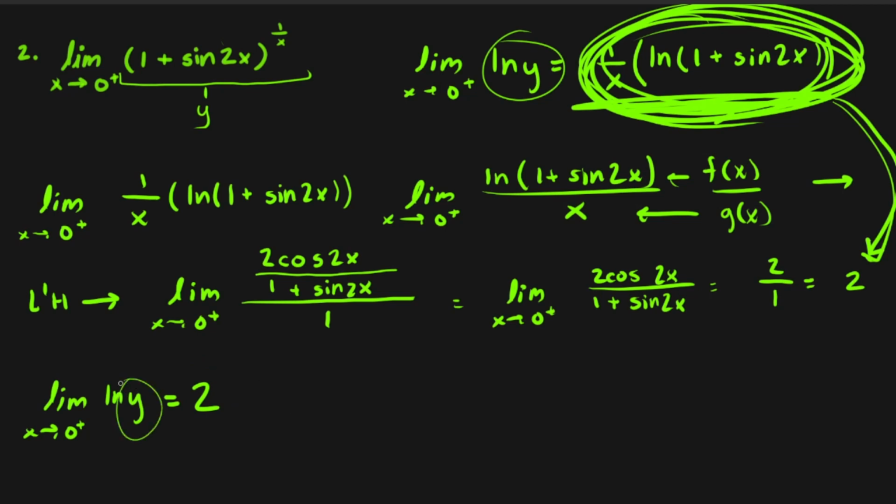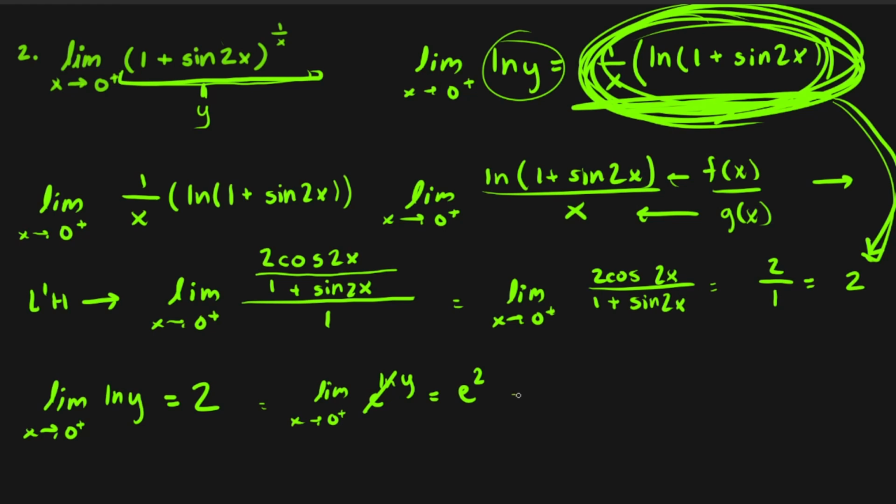Now, if you want to just get y by itself, because again, we called this portion of the function y, and we're only trying to find a limit for this portion, what do you have to do? Well, we can e both sides, and we'll get the limit as x approaches 0 from the right of e to the ln y equals e to the 2, or e squared.